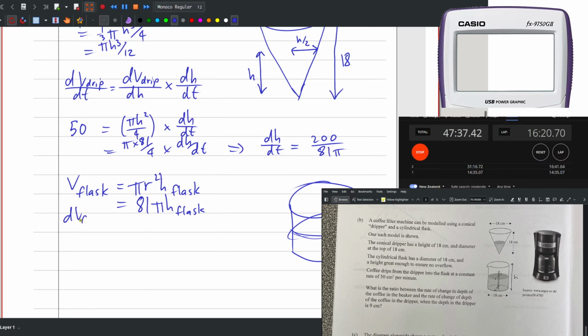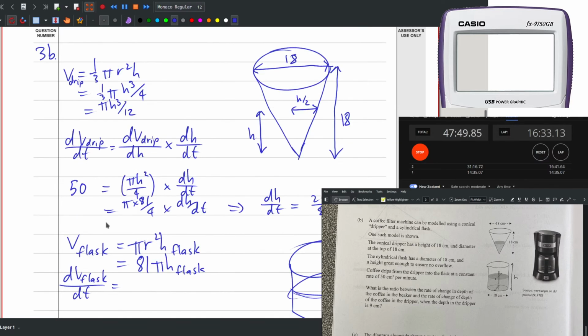So dV flask on dt, I guess this is technically negative 50 as well.